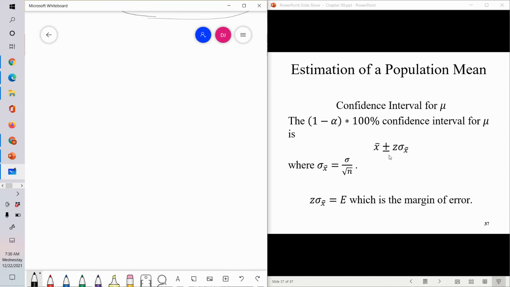So in other words, mu is going to be somewhere between x bar minus a margin of error, x bar plus a margin of error. We calculate our margin of error, z sub c times sigma sub x bar. Sigma sub x bar is sigma divided by the square root of n. So the formula here is a little bit easier, at least initially.